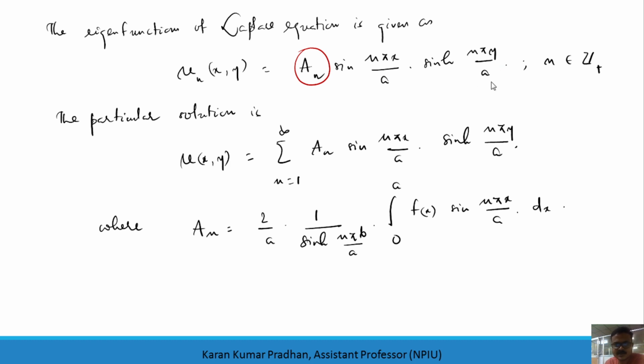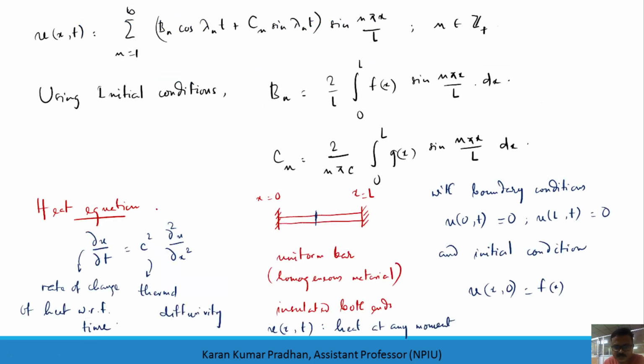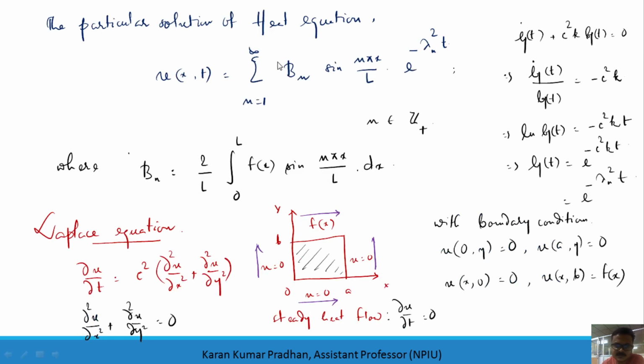Similarly for the heat equation, the Fourier coefficient is b n, and this is a Fourier sine series: sine n pi x by l and e to the power minus lambda n squared t.